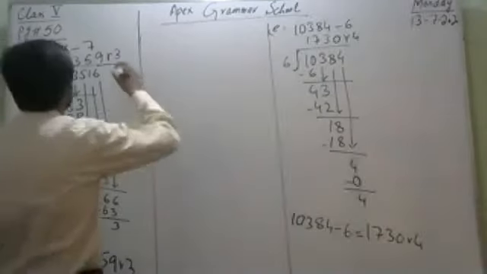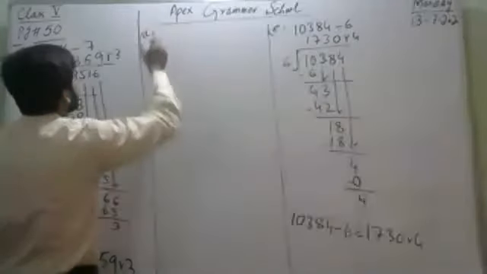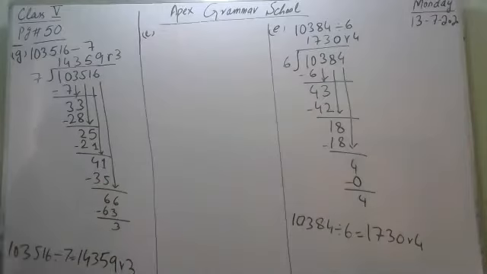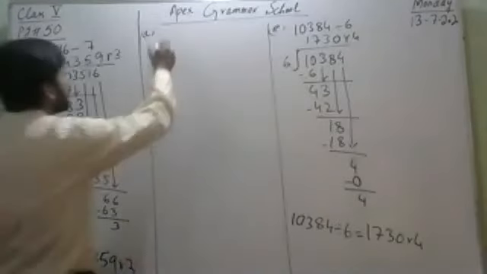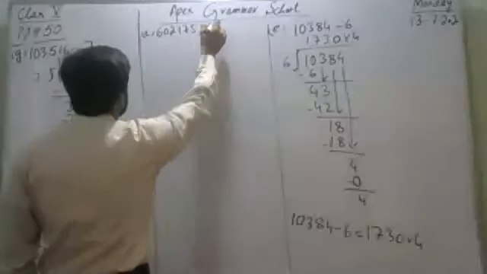Next part is I part. 602175 divided by 4.